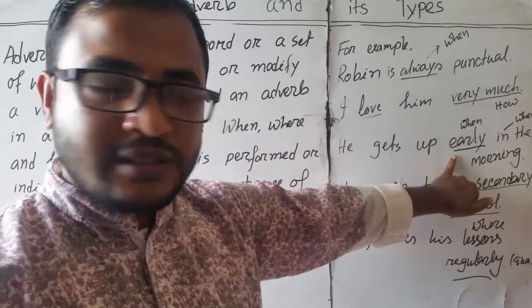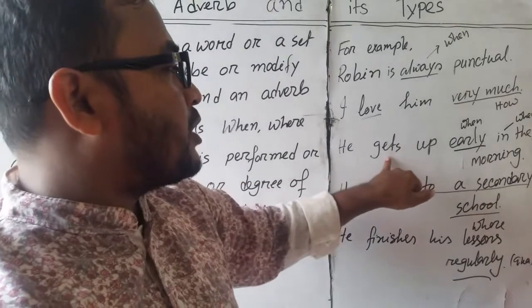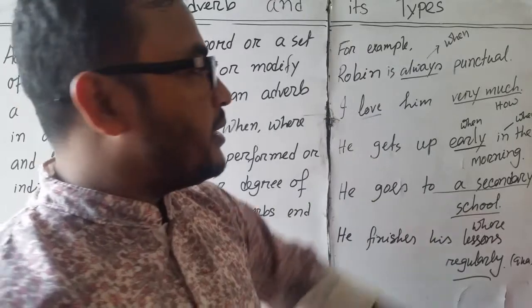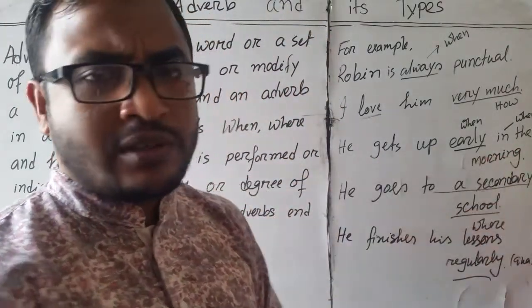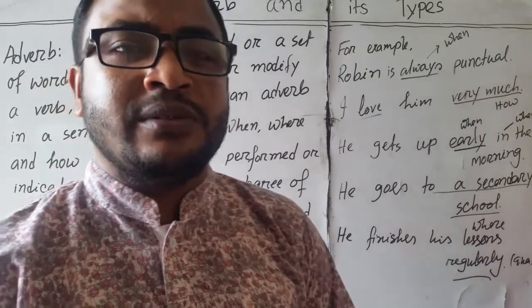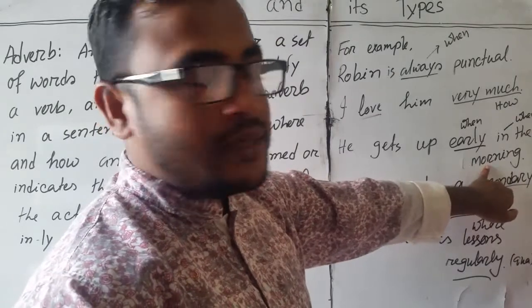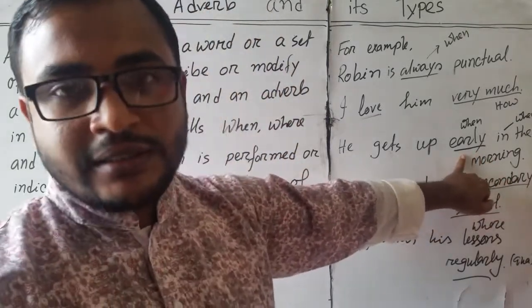It's a single word. Early describes the action, the verb get. But in the morning is another adverb here. It's a set of words. It also tells us about time. So this is also an adverb, and this adverb describes another adverb, early.